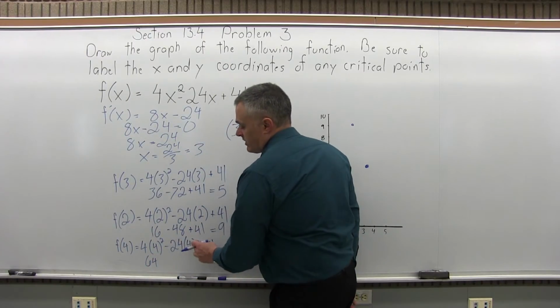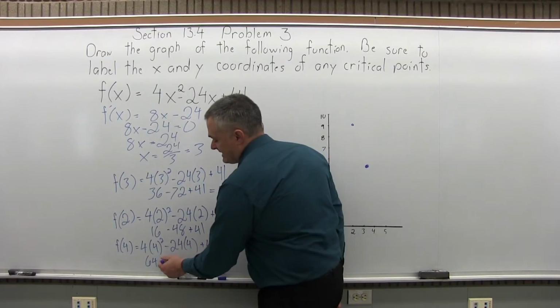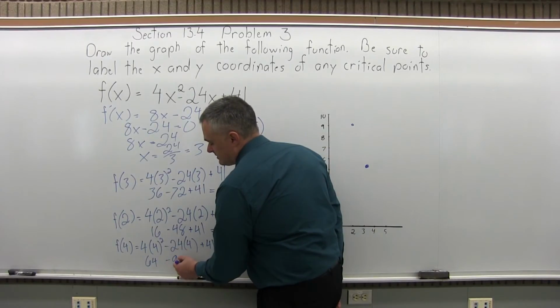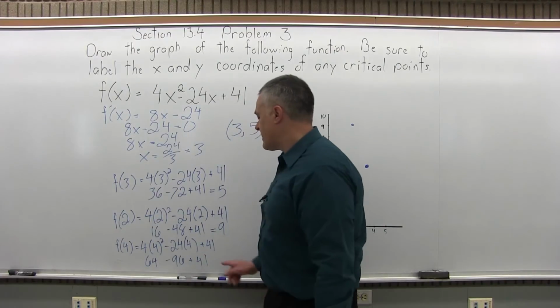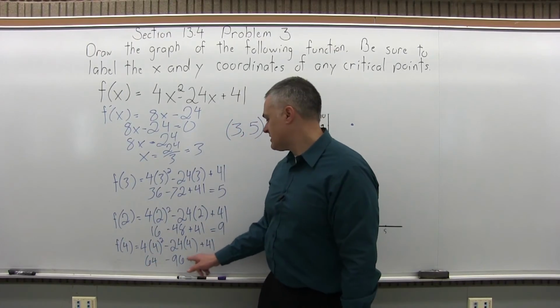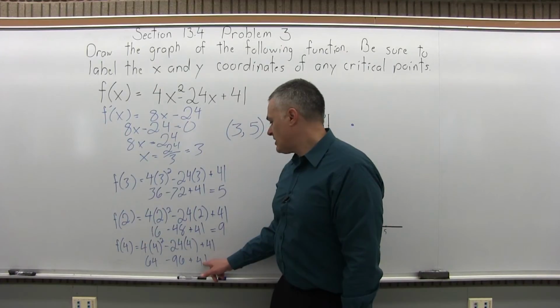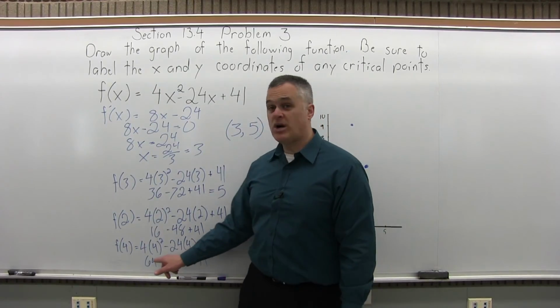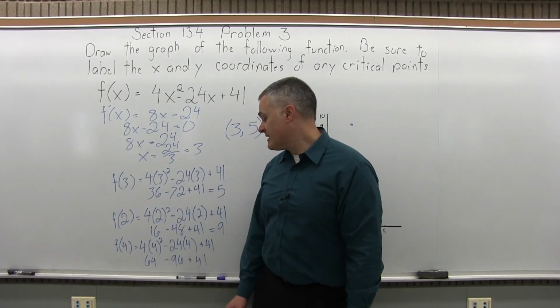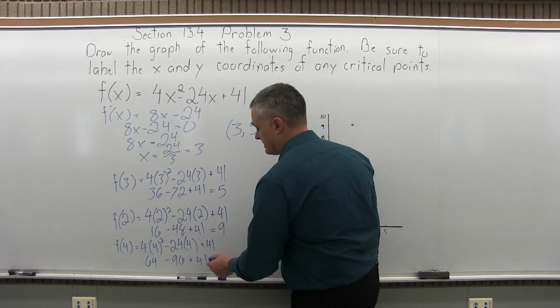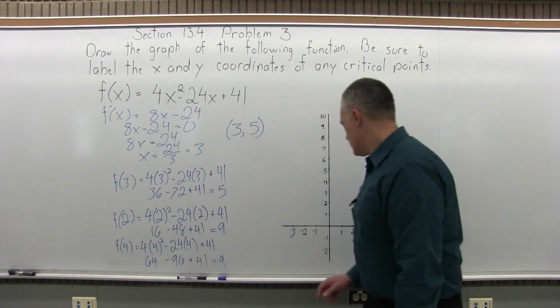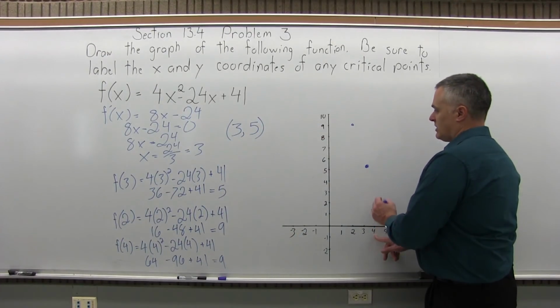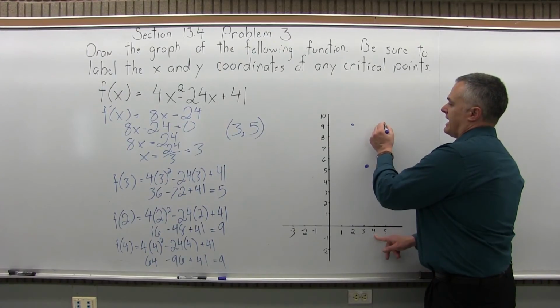Then negative 24 times 4 will be negative 96. And then plus 41. So again, if I combine my positives, I have positive 64 and positive 41 will be positive 105. I have positive 105, negative 96 will also be positive 9, which was kind of what I was expecting, but it's good to verify that. So if I go over 4, that's also up 9.